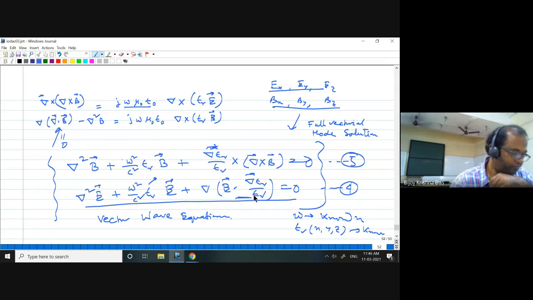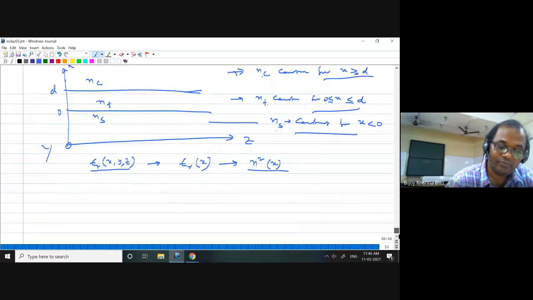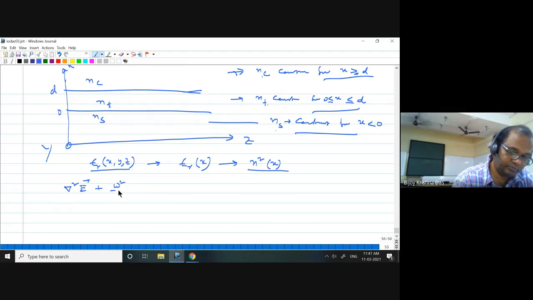X variation is not there. So in that case, I can write nf squared times the electric field, equal to 0, right? For this one I am restricting myself in x.